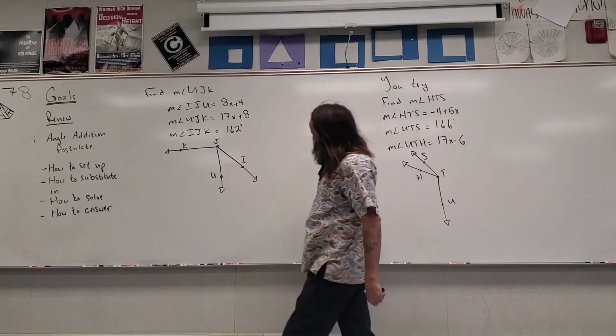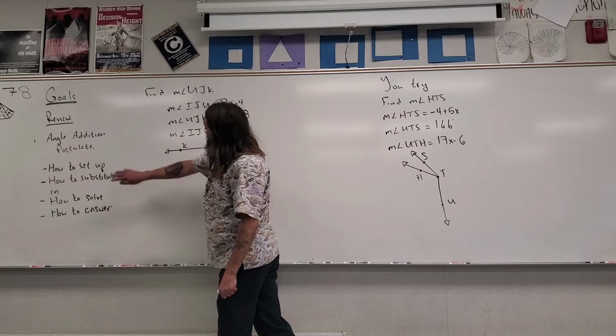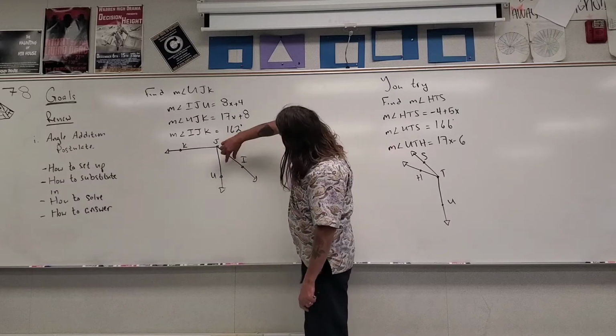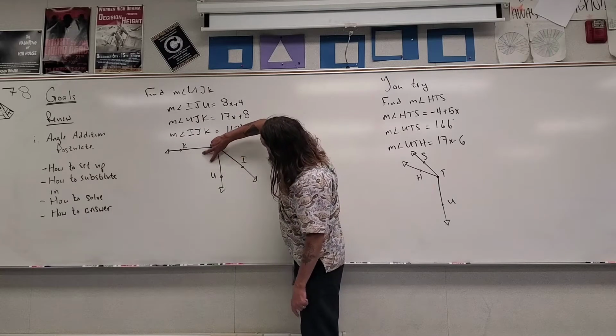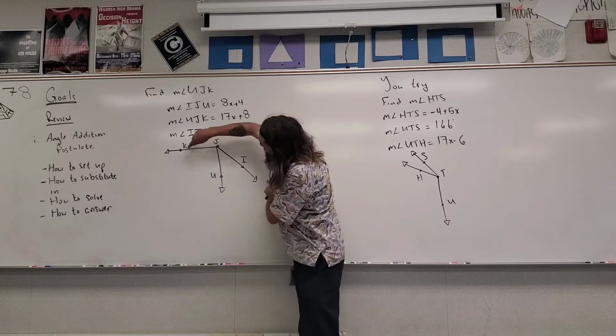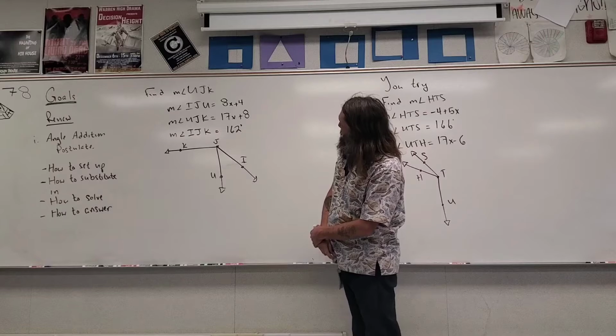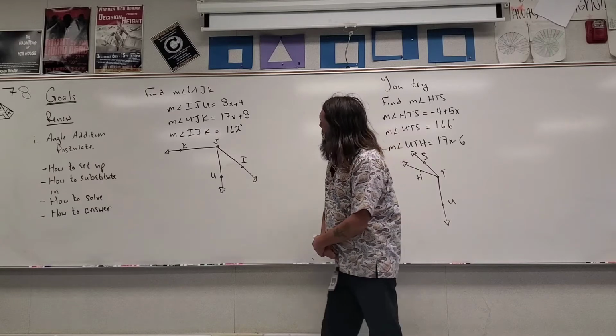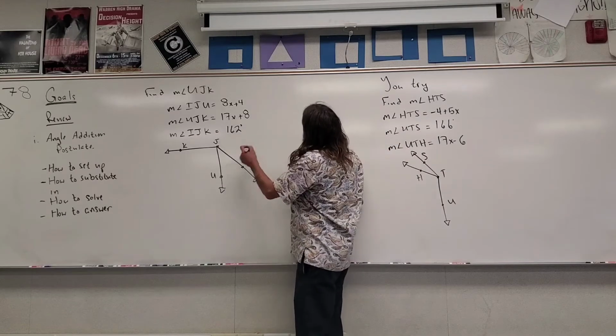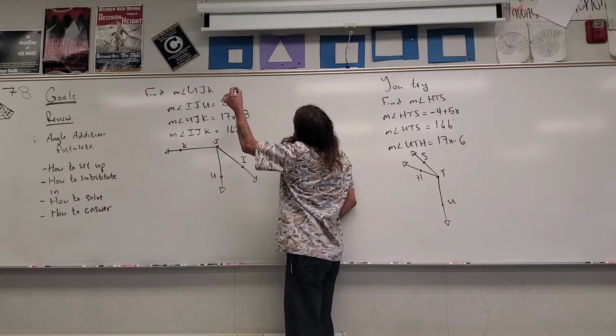All right. So the very first thing I need to do is set up the angle addition postulate. Remember that's saying the amount that this angle opens plus the amount that this angle opens is the amount that that large angle opens. So I'm going to set it up. They wrote KJ, so I'm going to write it in this way.